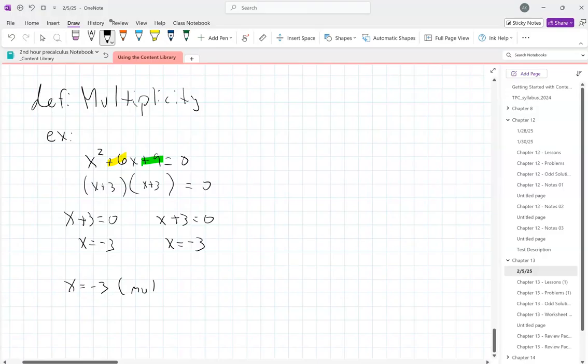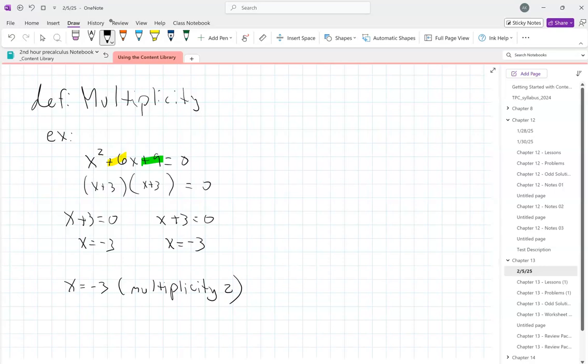So we'd say that solution, x equals negative 3, has a multiplicity of 2 because it occurred 2 times. If I'd gotten the answer 3 times, I would say it has a multiplicity of 3, and so on and so forth. Does that feel okay?